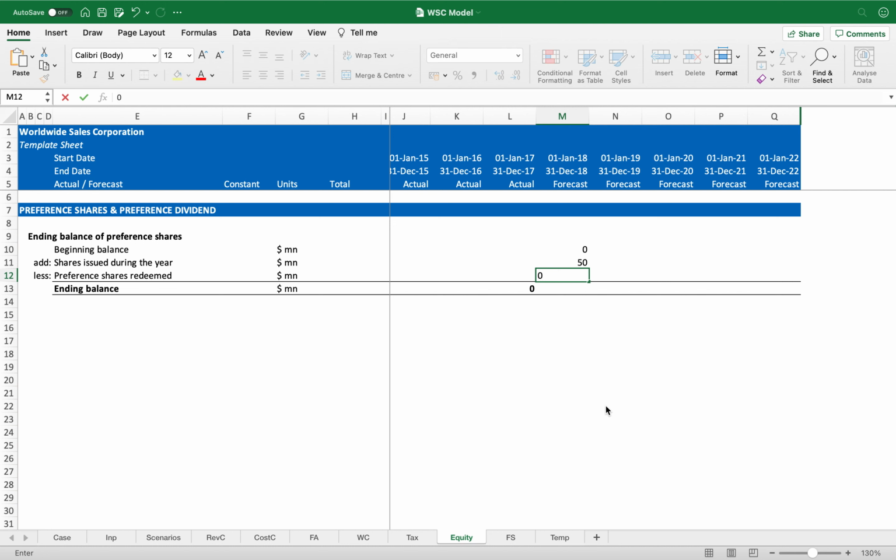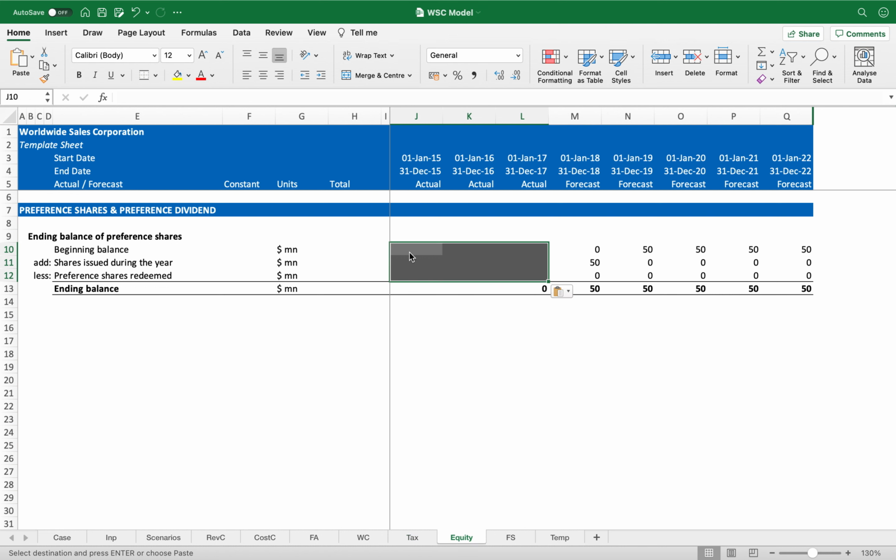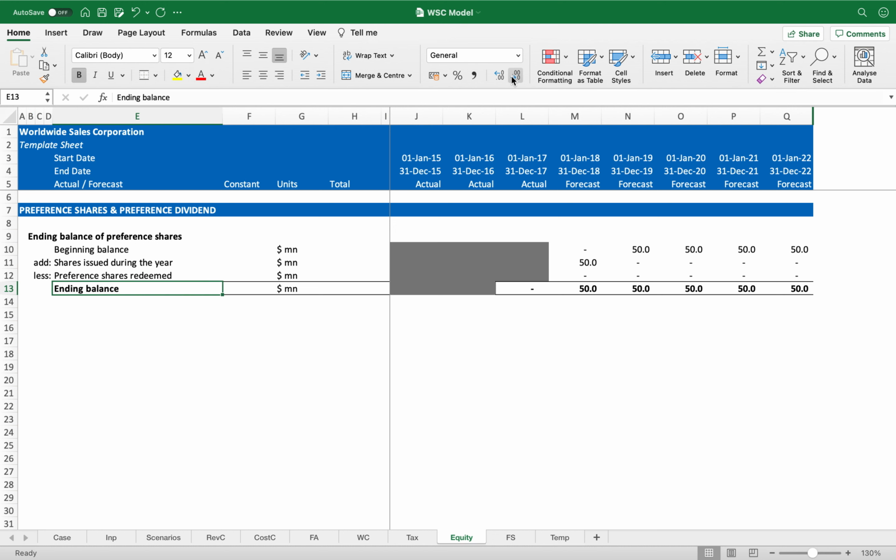Preference shares redeemed, it's 0. Just enter 0, and the formula is beginning plus issued minus redeemed. So just do this computation, as simple as that. Ending balance of preference shares.